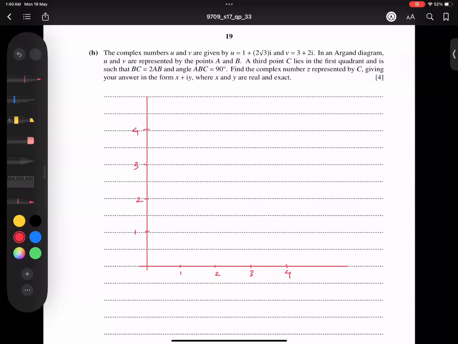Basically, if you check on a calculator, 2 root 3 is 3.46, so close to 3.5.